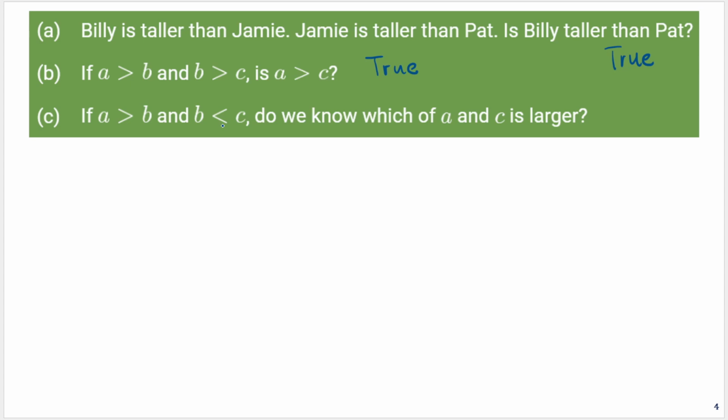We can also see this on the number line. Because we know A is larger than B, that means A is to the right side of B. So if we label them on the number axis, A must be to the right of B. Also, since B is greater than C, B must be to the right of C. So C must be somewhere here.